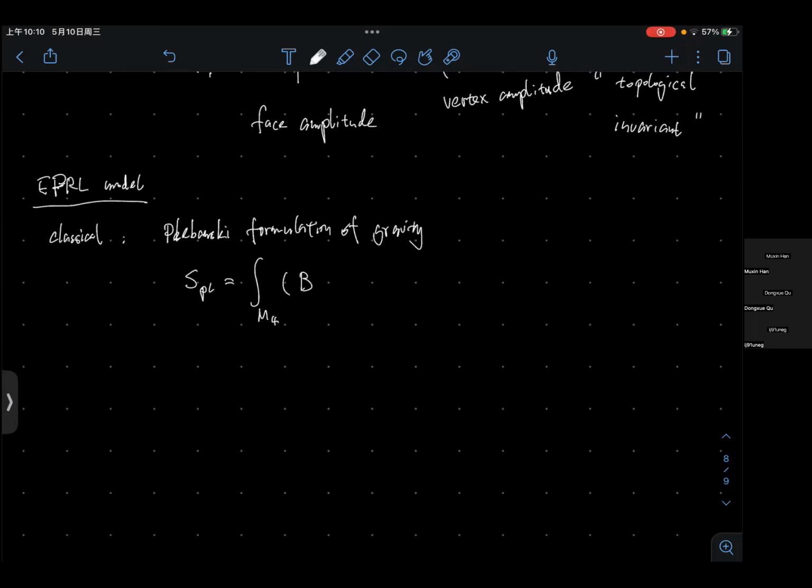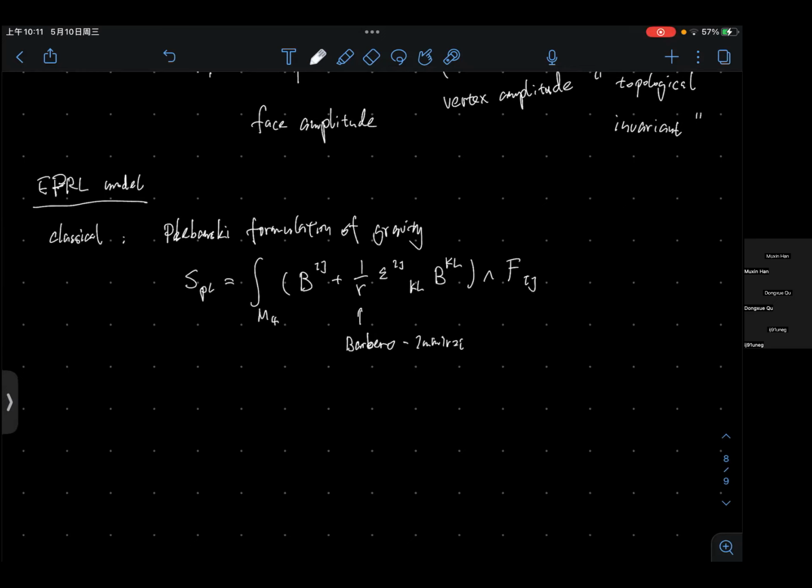The first part is just like a BF term, but for our purpose, we add a twist. By twist, it means that we make a little internal rotation of the B field in the adjoint representation, and we introduce a parameter gamma, which is the Barbero-Immirzi parameter, and then wedge F^{IJ}.